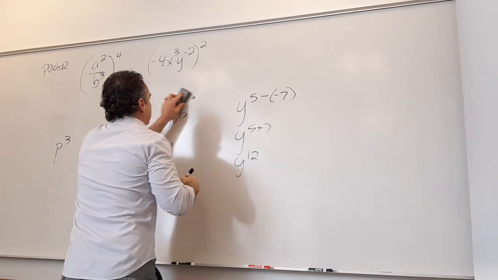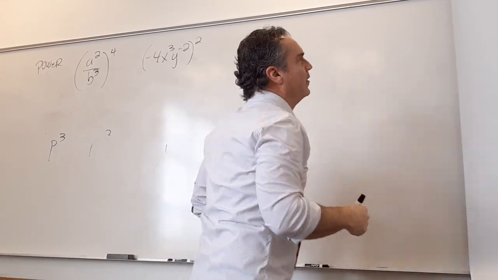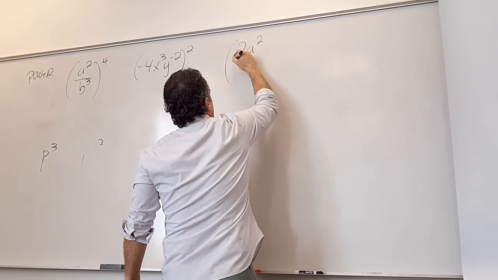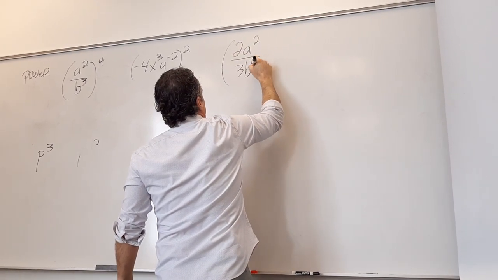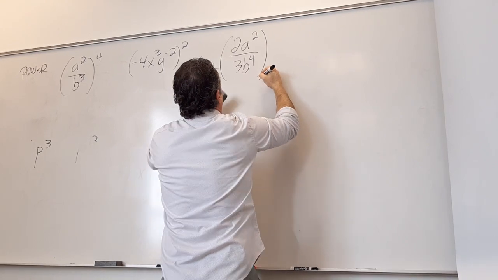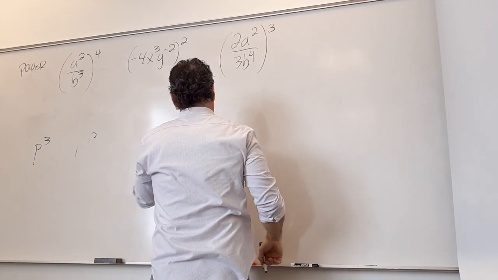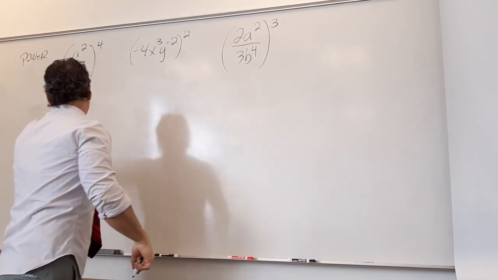Love it. Go. In parentheses, 2a to the second power over 3b to the fourth, all to the third power. That's right. Is that it? Yeah.